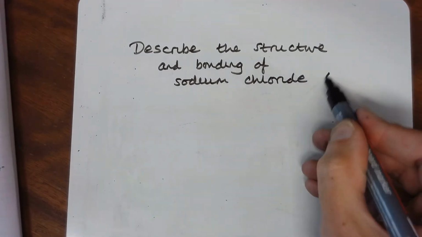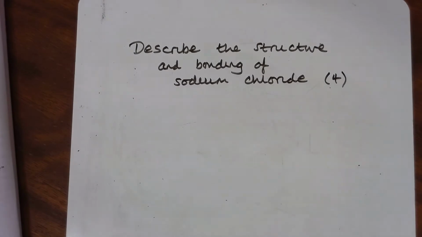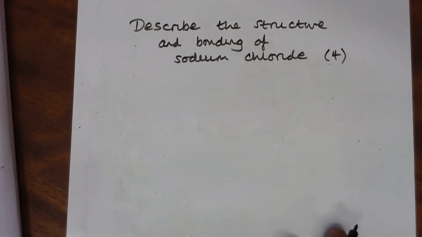And in brackets there's a number 4 marks. Right, we are going to have to look at what we know about sodium and chlorine. Let's take it all the way back and then take it forward to answering this question.